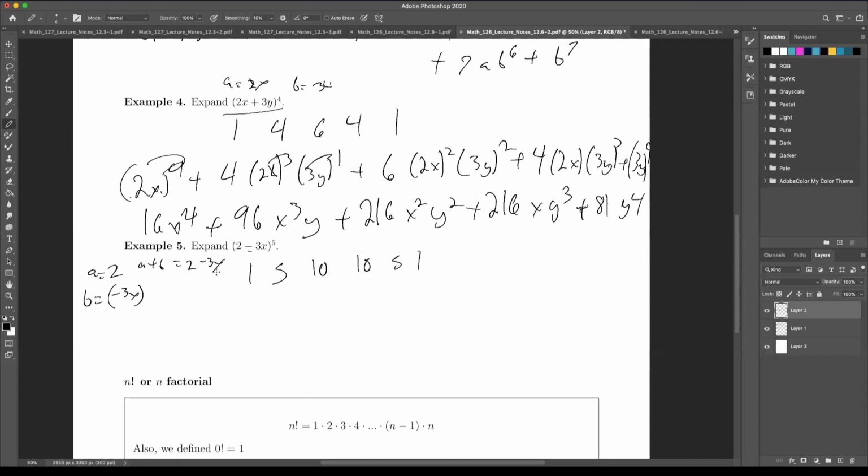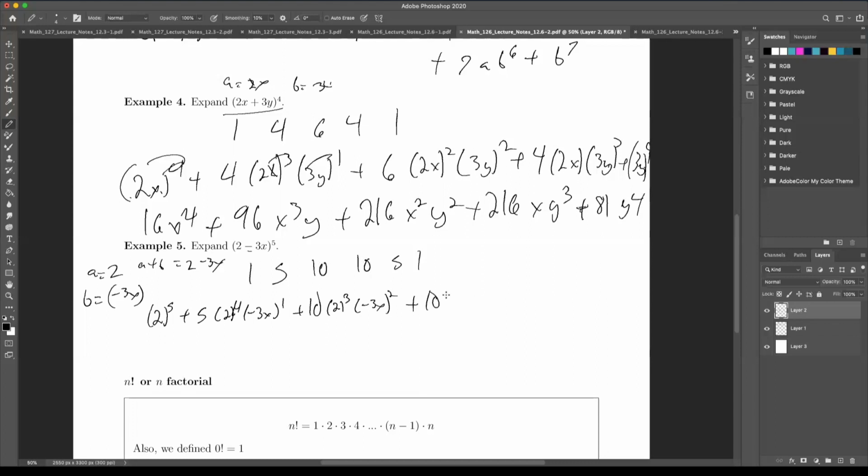So here, my first term would be 2, which is my a to the fifth, plus 5 times 2 to the fourth power times minus 3x to the first power, plus 10 times 2 to the third power times minus 3x to the second power. Notice these powers add up to 5. The next one would be 10.